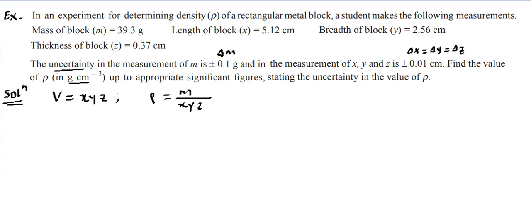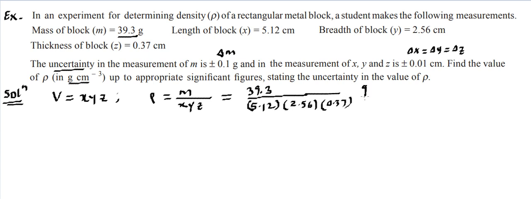So let's place the values of x, y and z along with the value of m. So m has to be written as this value because this is the measured value. This is going to be 39.3 divided by, now we will be placing the values of x, y and z. x is 5.12 in centimeter, then the value of y which is 2.56 in centimeter, and the third, that is z, is 0.37 in centimeter.